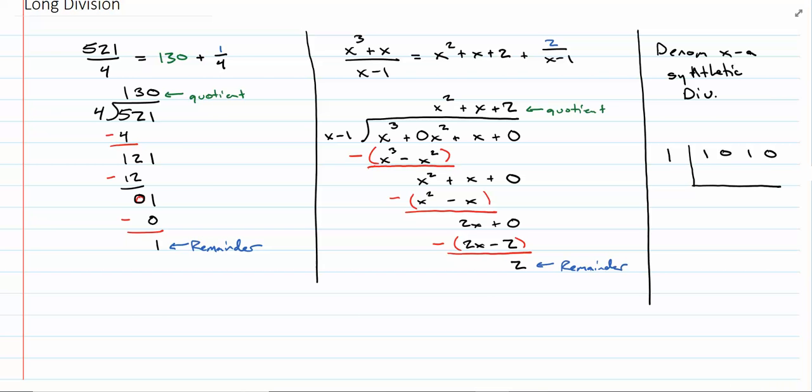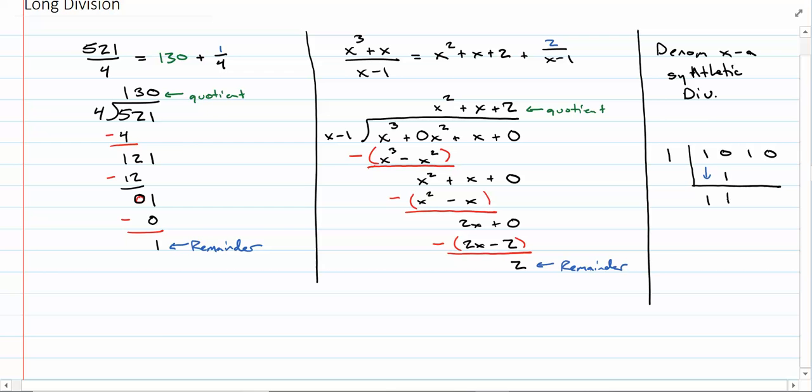The way to do synthetic division is to start off by dropping down this first coefficient, so 1. Then we multiply these two together. 1 times 1 is 1. We put that here, and this time we're going to add. 0 plus 1 is 1.